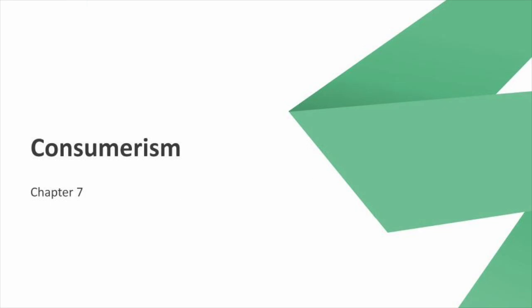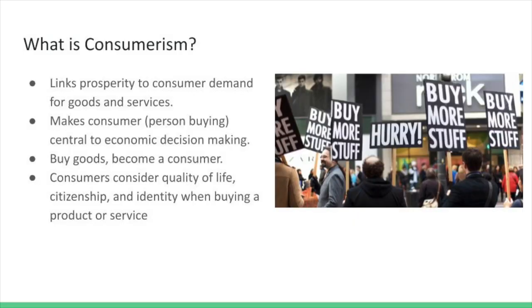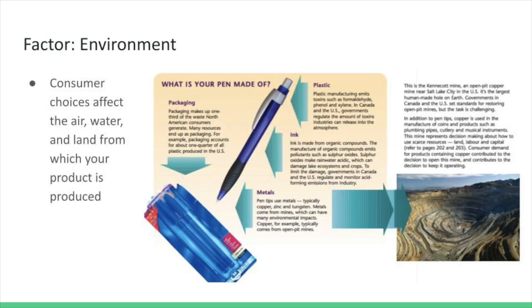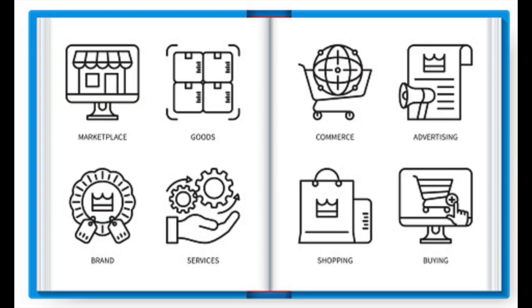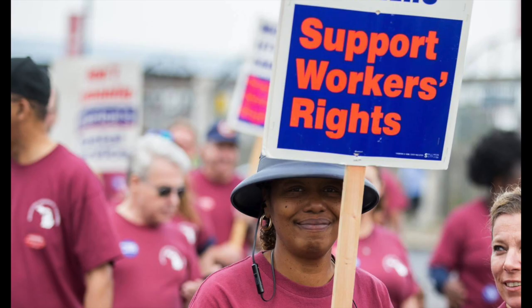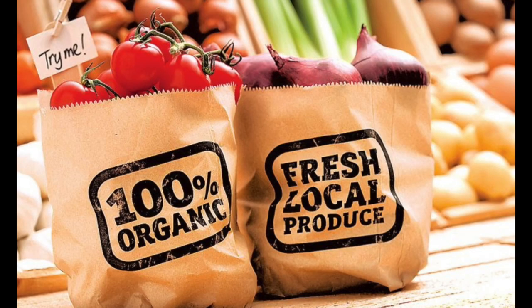Section 7 is all about consumerism and the quality of life. Consumerism is the idea that buying goods and services is central to our lifestyle and our economy, but it's also linked to identity, environmental impact, and ethics. Your personal choices affect the environment, worker rights, and local businesses all together.